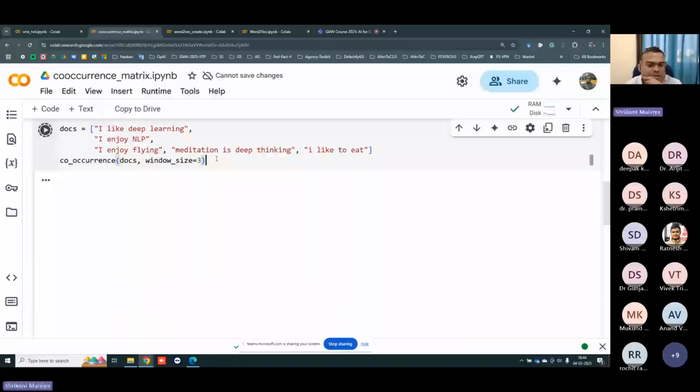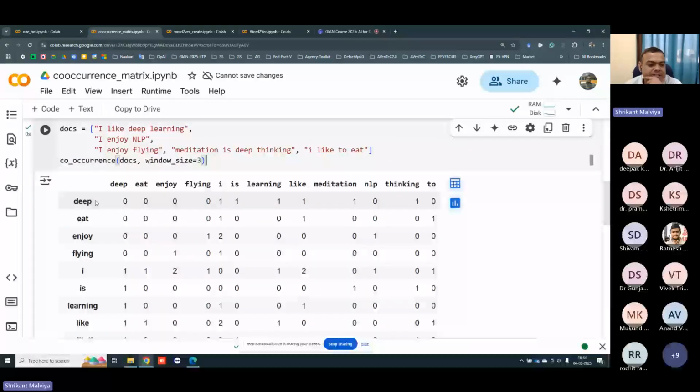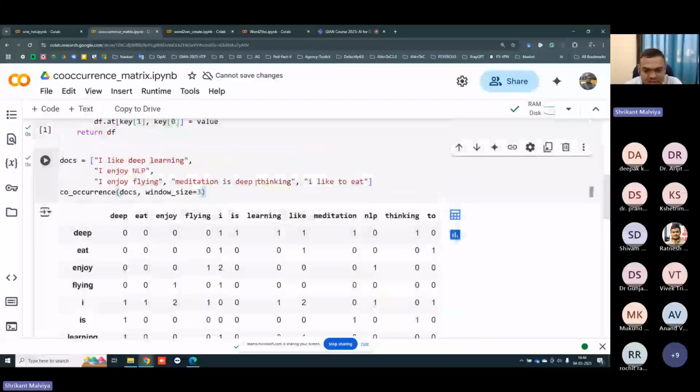So take deep in the corpus. Deep comes with thinking, learning, and because we have set the window size to 3, it will check with a larger context window.